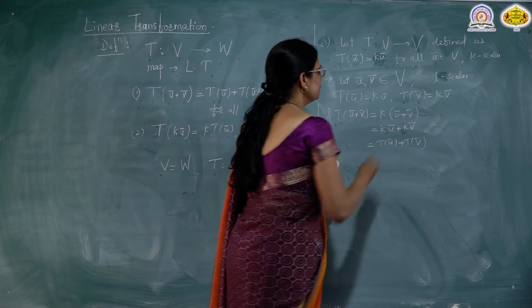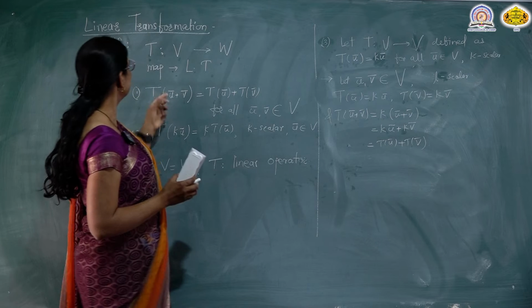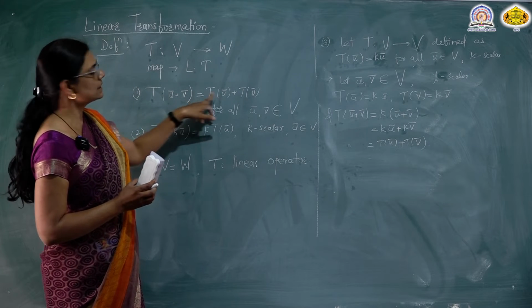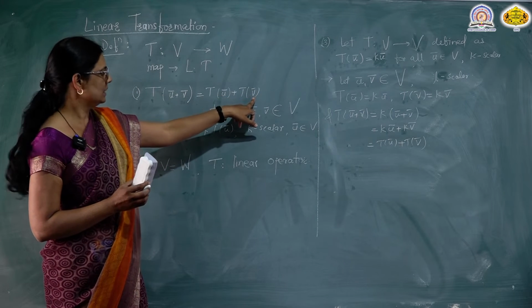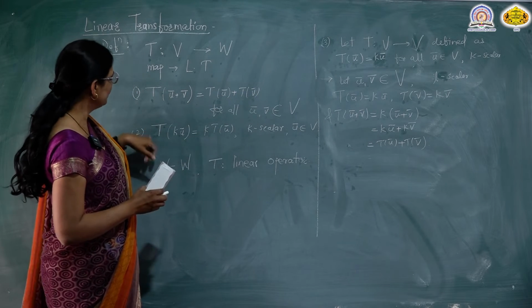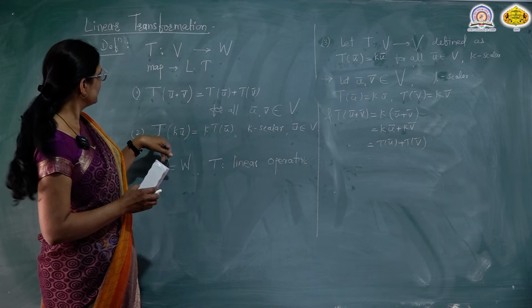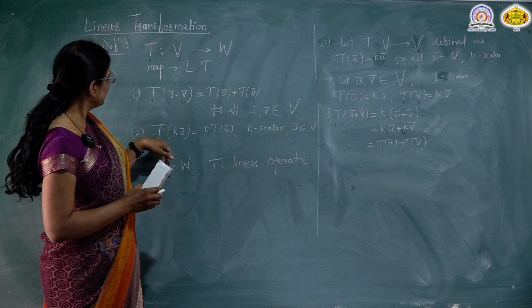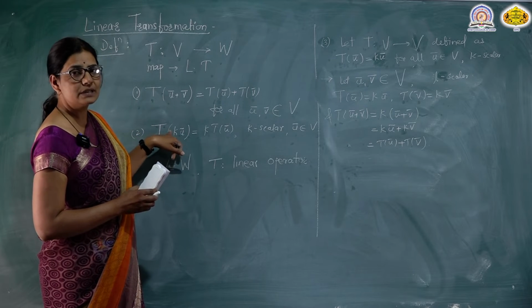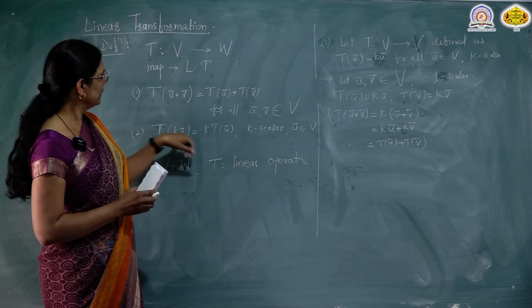So here the first property is satisfied: T of u plus v is equal to T u plus T v. Okay, so go for the second property. For that, calculate T of l times u, that is, we consider some scalar and a vector.